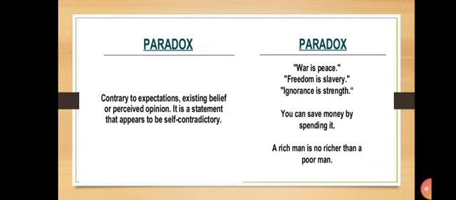He left his wife, his child, his kingdom, all the luxuries which he had, and he went out to attain enlightenment, right? So that is how I have explained how we say that ignorance is bliss. Okay. So paradox is a statement in which two different ideas are combined together, right?